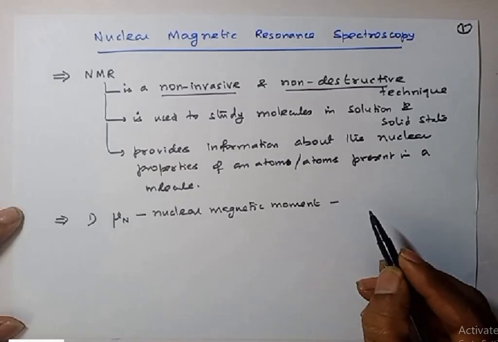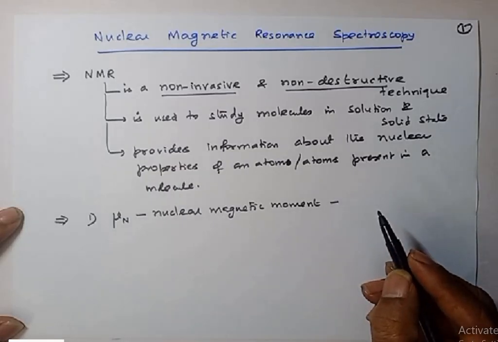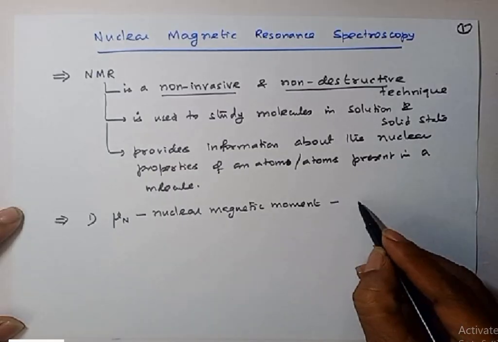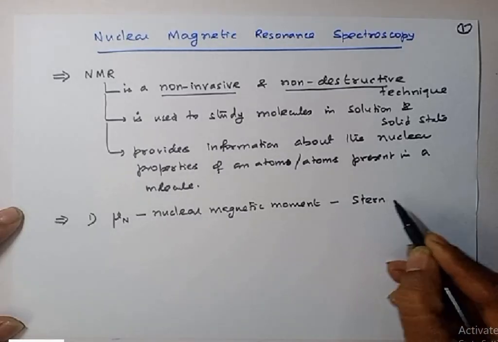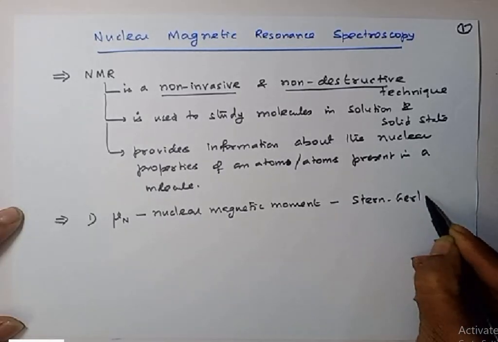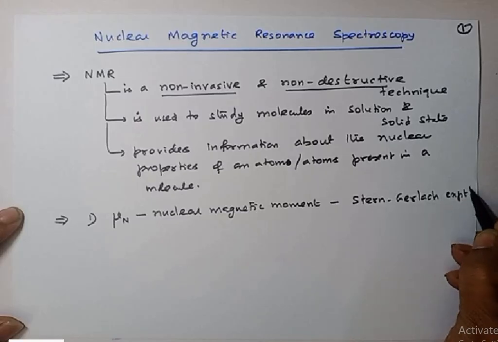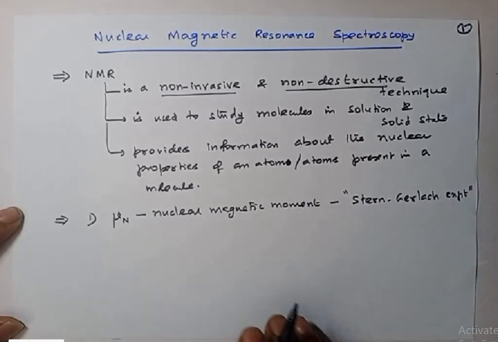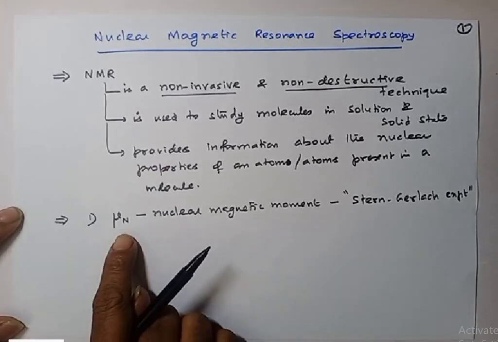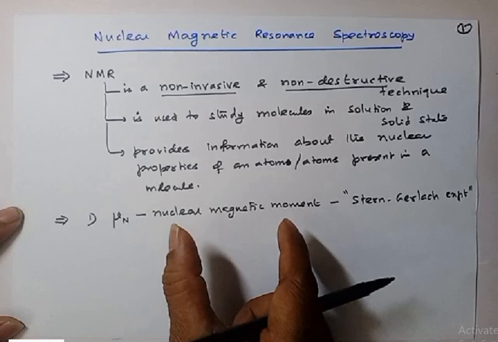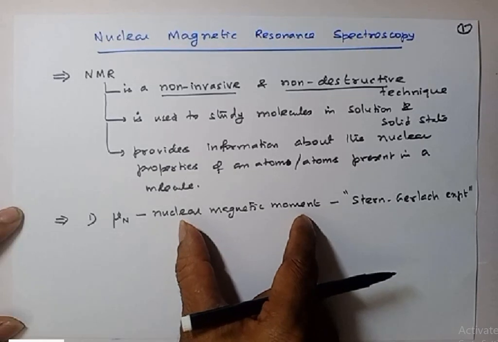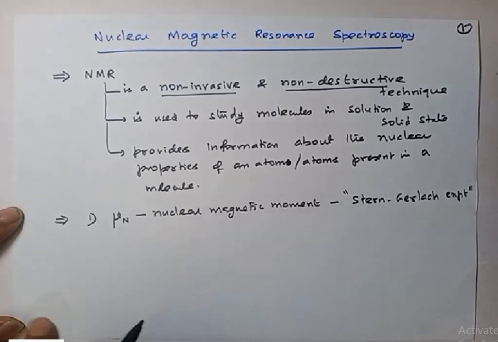Scientists Stern and Gerlach carried out an experiment, called the Stern-Gerlach experiment. Based on this experiment, they discovered that the nucleus possesses a magnetic moment called nuclear magnetic moment.